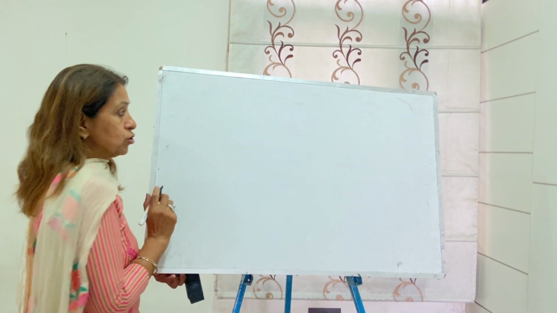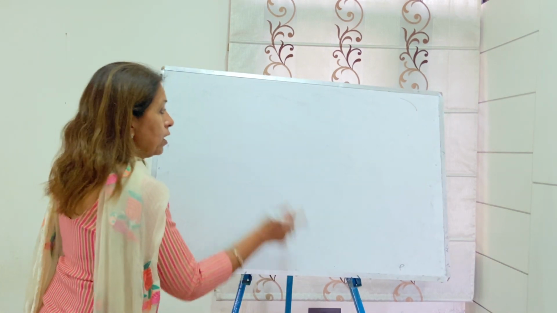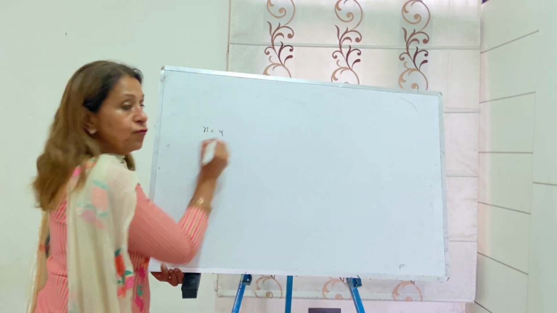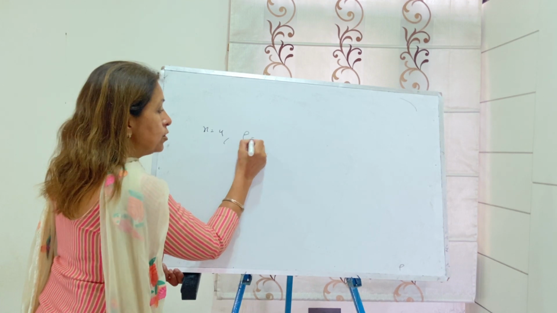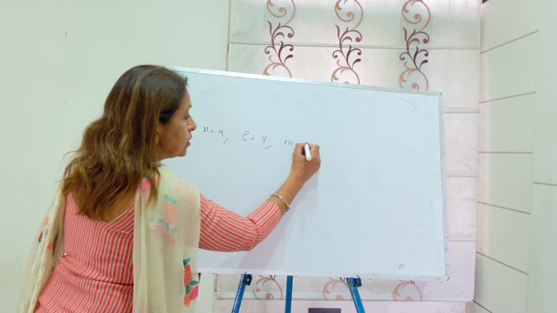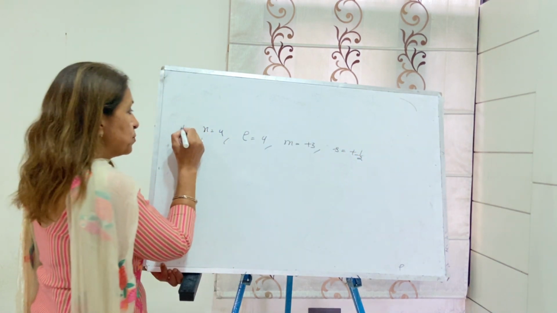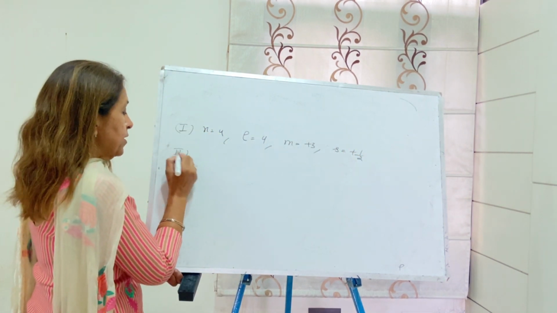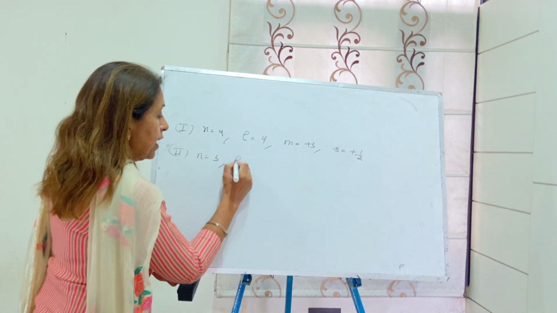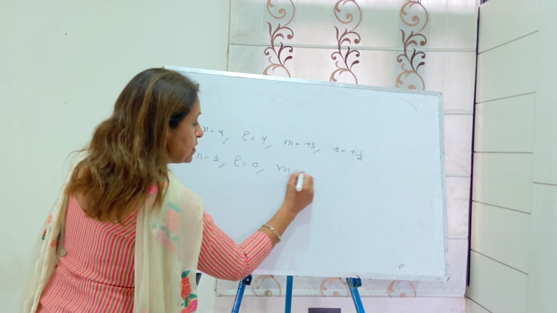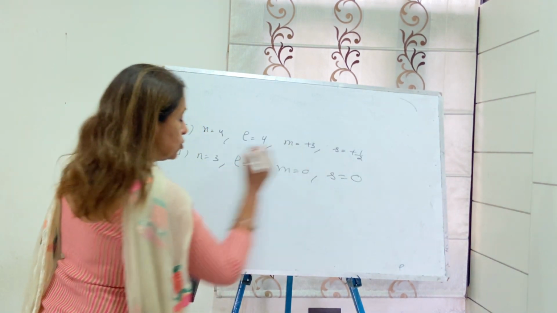Now I'm taking one question. First part: n is equal to 4, l is equal to 4, m is equal to plus 3, s is equal to plus half. Second: n is equal to 3, l is equal to 0, m is equal to 0, s is equal to 0.